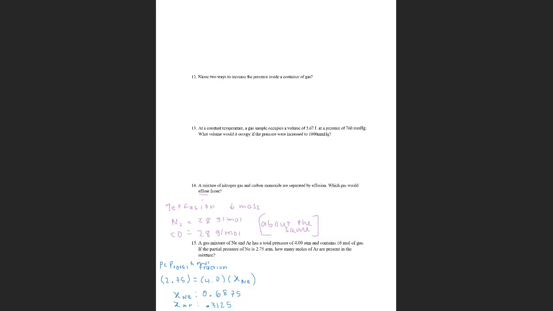And what's our last thing that we need to do to find the moles of argon that's present? Yes, multiply by total moles. So we have 16 moles total, and argon makes up 0.3125 of those 16 moles.